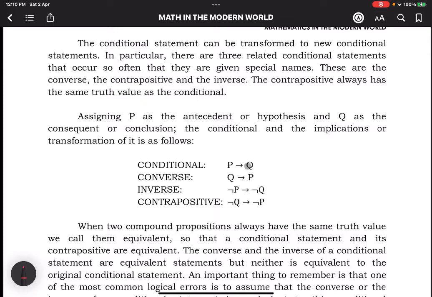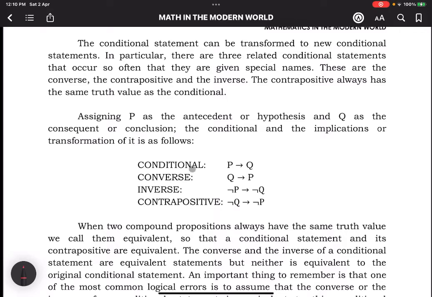The conditional is: if P then Q. For the converse, we reverse it: if Q then P. For the inverse, we return the conditional but not by switching position; rather, we use its negation. So we put a negation: if not P, then not Q. For the contrapositive, we switch the positions again, the same way as the converse.